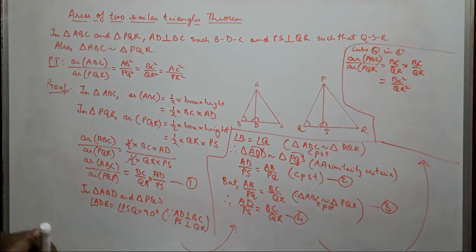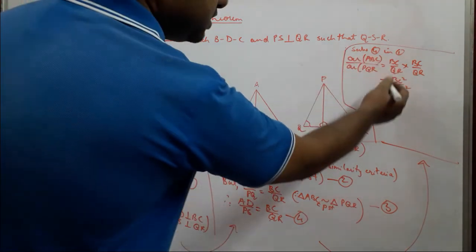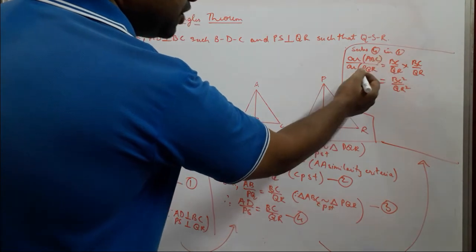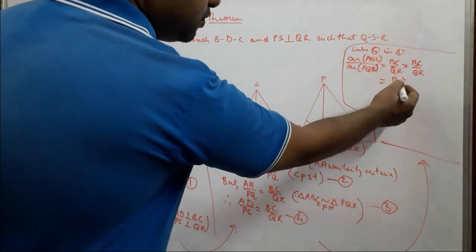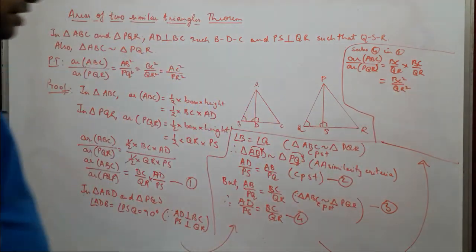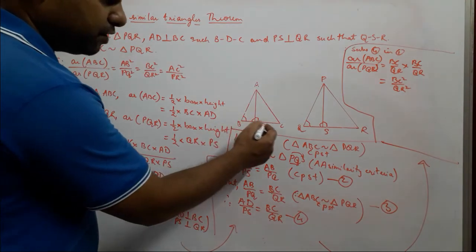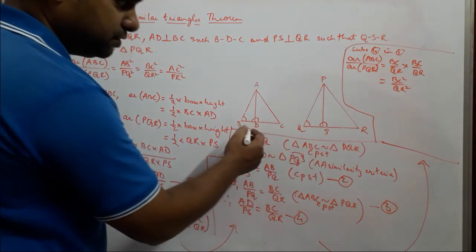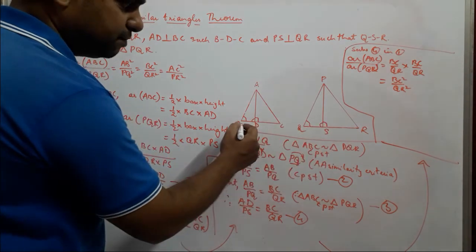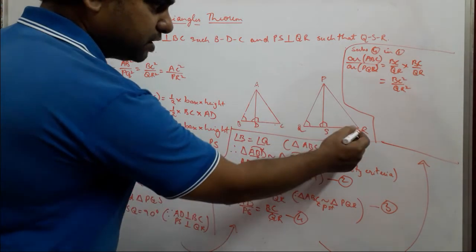That's what I've got. Now that we have got this area of triangle ABC upon area of triangle PQR equal to BC square upon QR square, which is actually the square of the ratio of their corresponding sides. You see that BC square upon QR square.